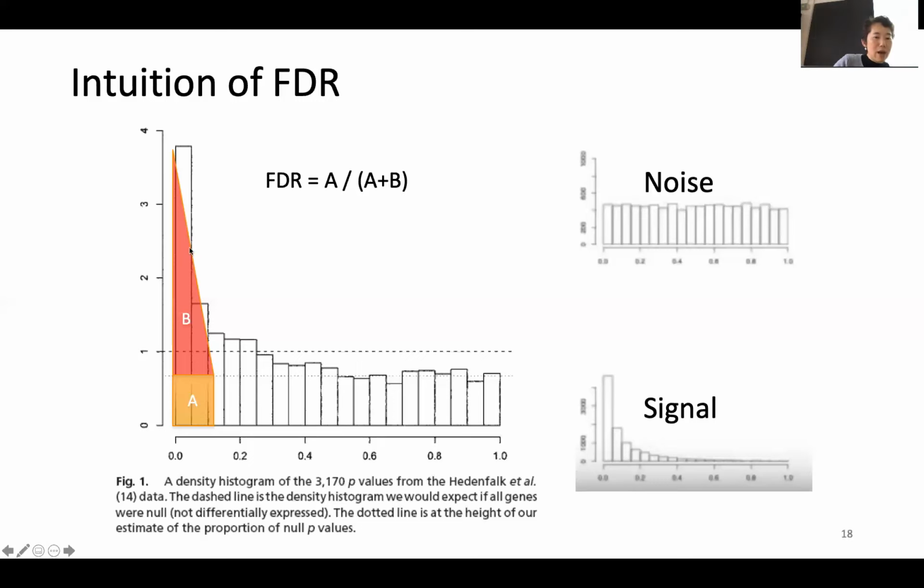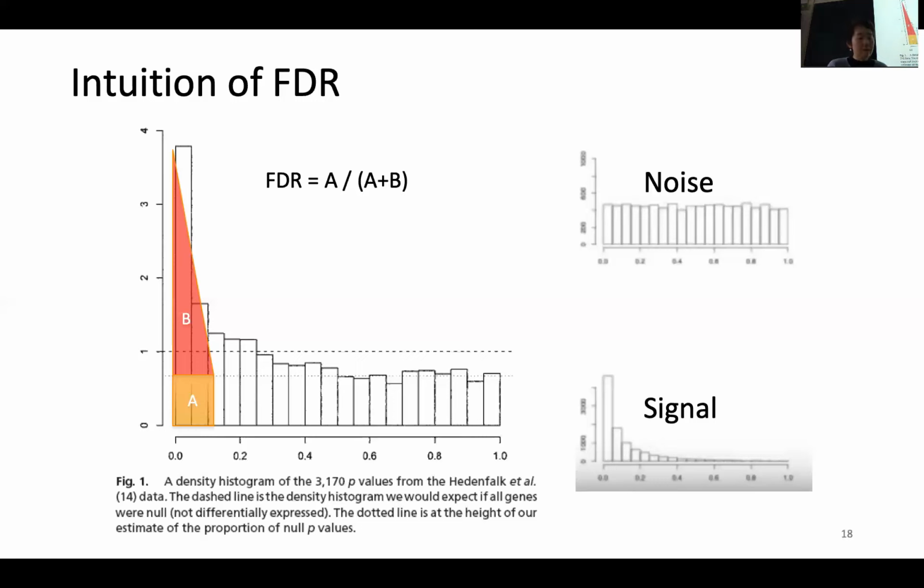And the remaining ones you called are the real signals. As we mentioned, you just know roughly at each p-value cutoff how many genes you're going to call, and roughly out of those how many are false positives. You don't know which one is the false positive. You just know a percentage of them are going to be fake.